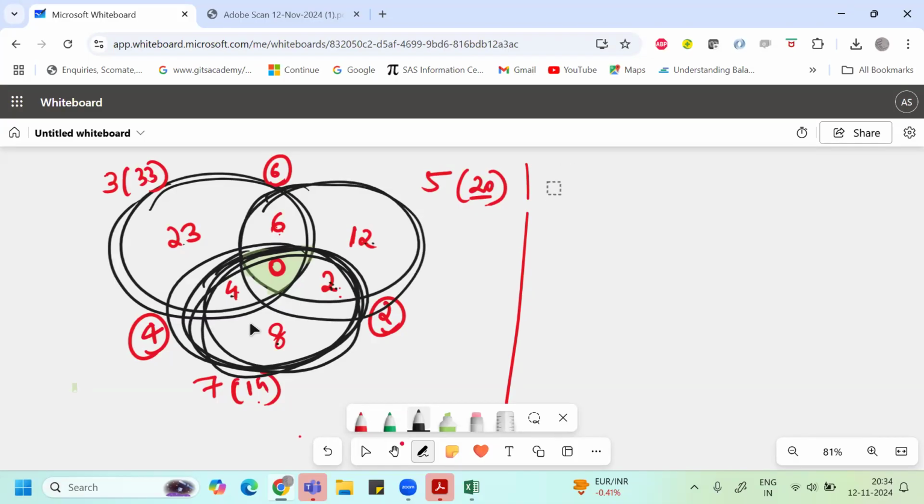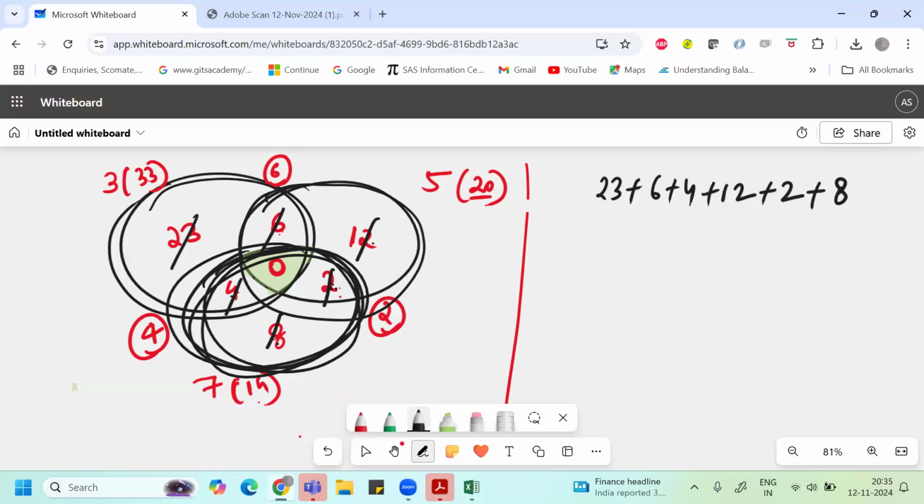So how many numbers are there, guys? Total number is 23 plus 6 plus 4 plus 12 plus 2 plus 2 plus 8. These many numbers are there.